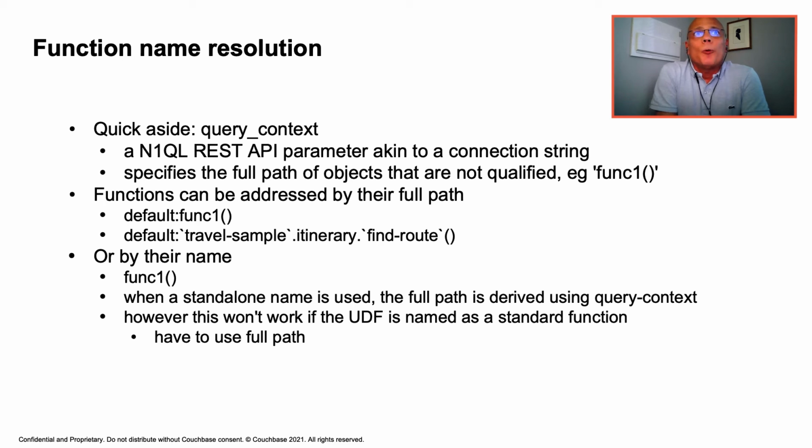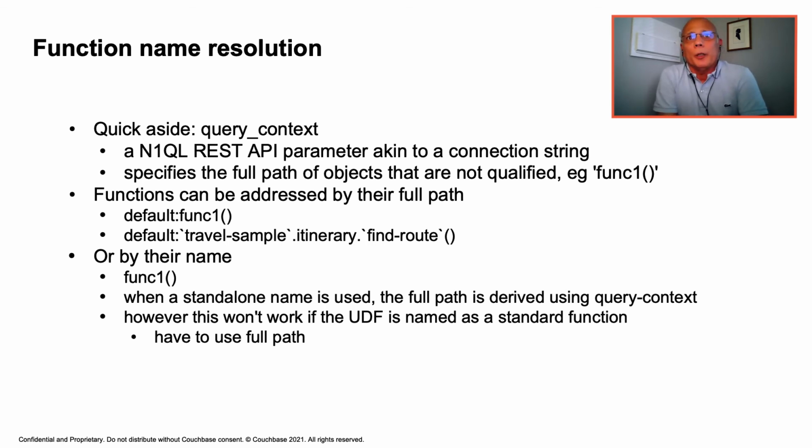In terms of how you define in your select statement which function you're actually using, this is done in the same way as for collections. We have to take a quick detour. Say you've got a statement that says something along the lines of select star from collection1.